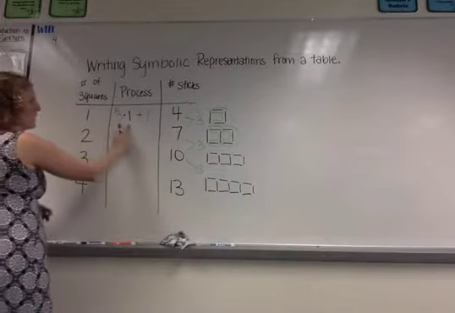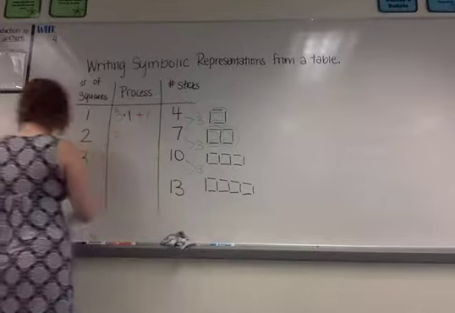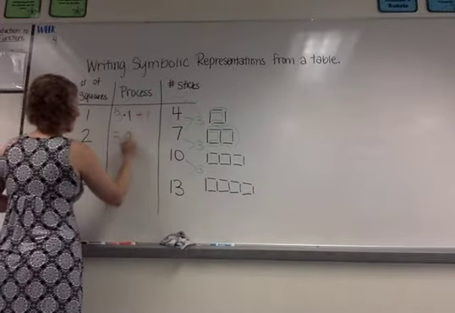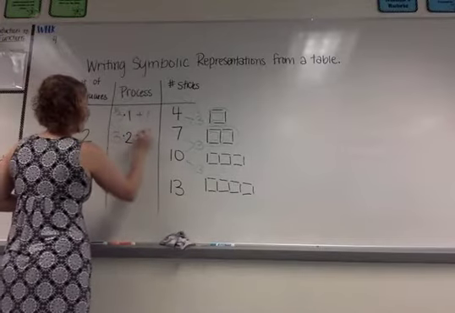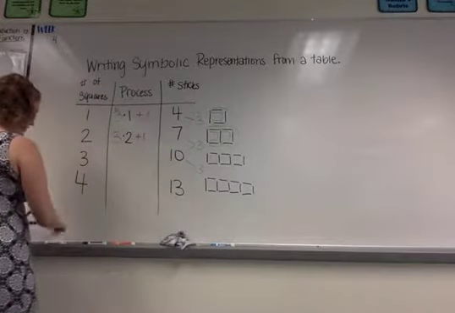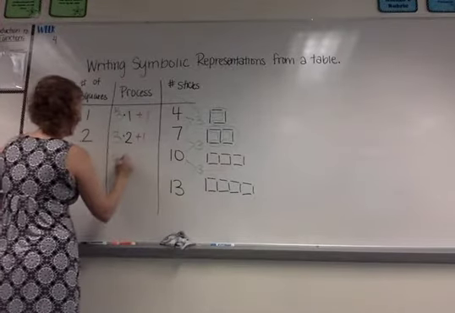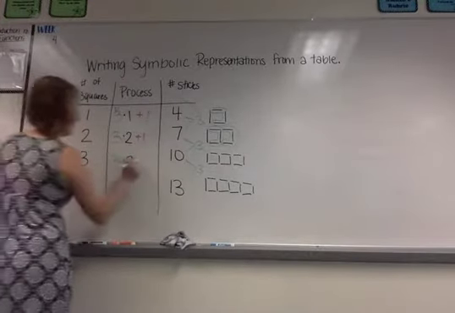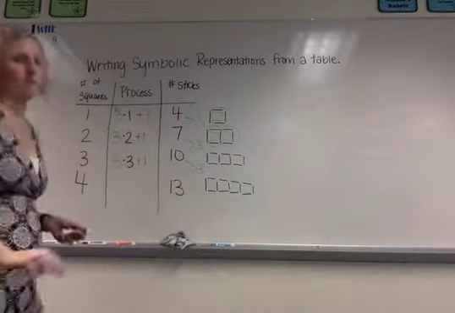So 3 times 1 is 3 plus 1 is 4. Okay, I'm going to do the next one. 3 times 2. 3 times 2 is 6 plus 1 is 7. So it looks like this is going to be our equation. 3 times 3 plus 1. 3 times 3 is 9 plus 1 is 10.